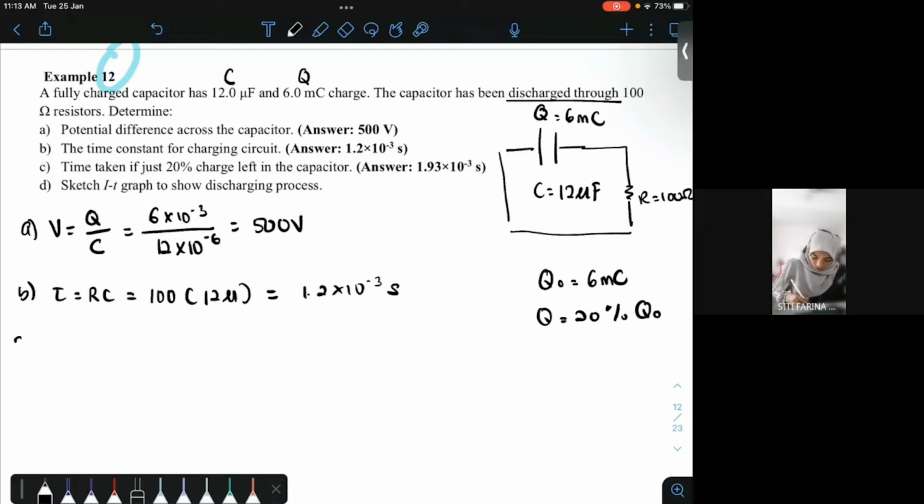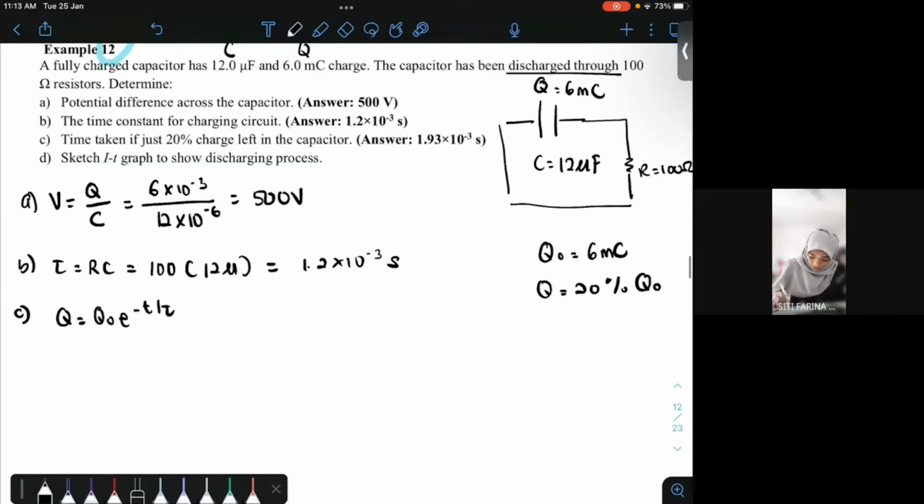Since we are going to find the time, we use the discharging equation for charge, Q equals Q0 exponent negative t over tau. So t is what we want to find. Tau we found in the previous question. Q0 is given in the question. Q is not given as a value but as 20% of the initial.